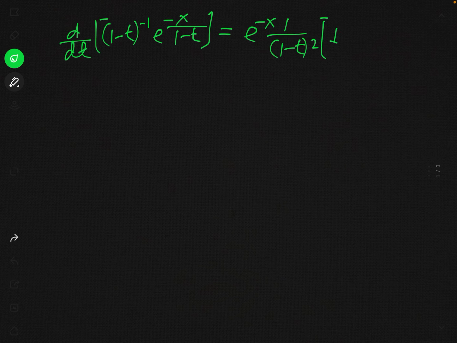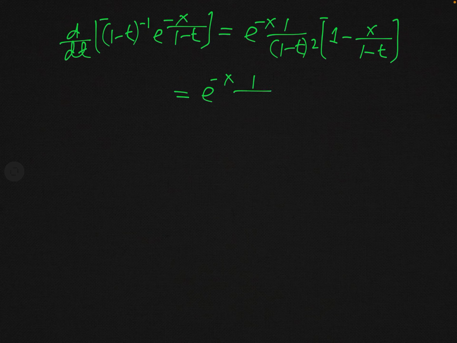Then the remaining terms will be 1 minus x over 1 minus t. And so now let us simplify the RHS by taking the LCM. You can see this will be e raised to the power minus x over 1 minus t, over (1 minus t) whole square, and this will be 1 minus t minus x over 1 minus t.